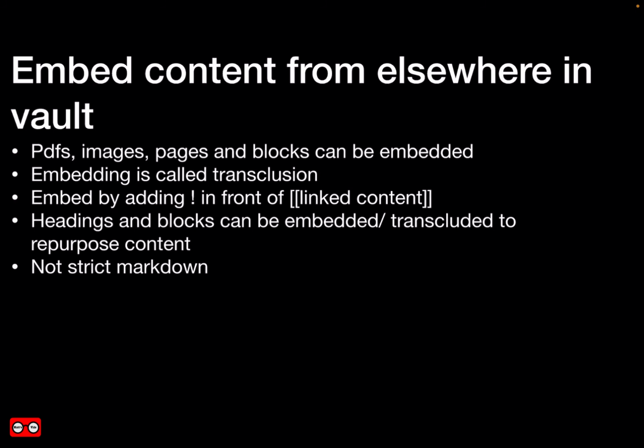So if you take your pages to a different system later on, it may not render the linked content. That's just something to be aware of. But it's not such a hardship to see a link with an exclamation mark if you have to move your content from Obsidian at some point in the future.